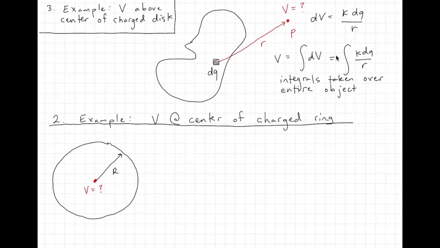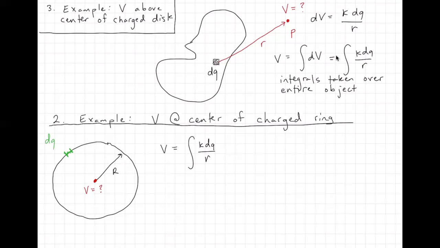So how do I do this? What I want to do is this integral that I set up in the first part. So I want to calculate the integral of k dq over r for every little dq in this object. I can imagine that each dq represents a little bit of length here, and that little bit of length has a little bit of charge, dq.